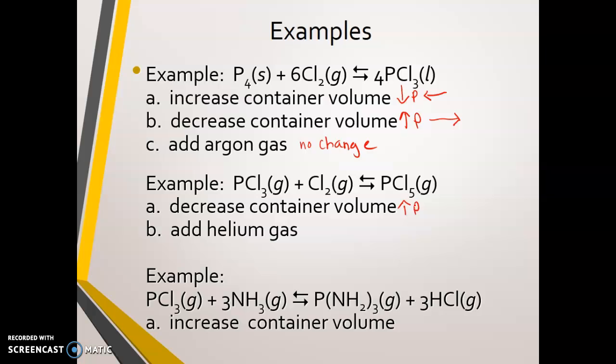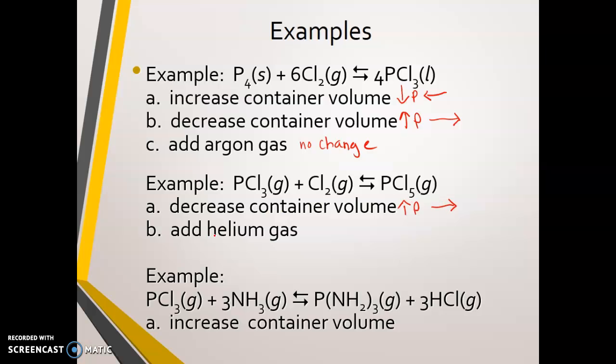So now when we increase the pressure, we want to shift to the side with fewer gas particles. Well, we only have 1 mole of each thing in our reactant, so we have 2 moles of gas in the reactants, and 1 in the products.